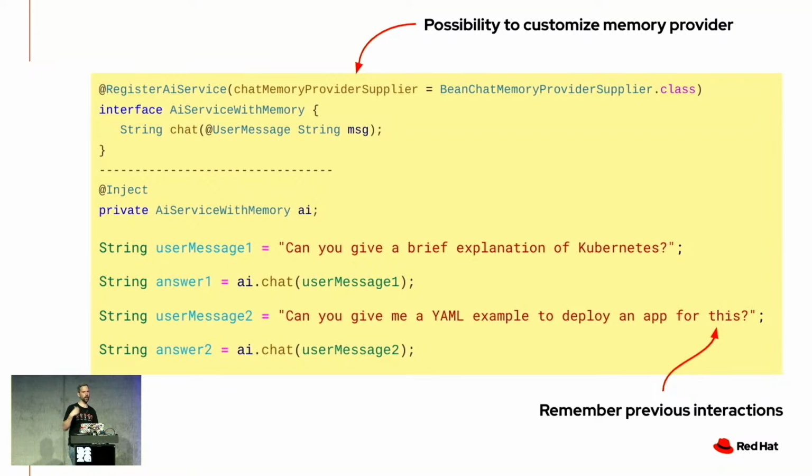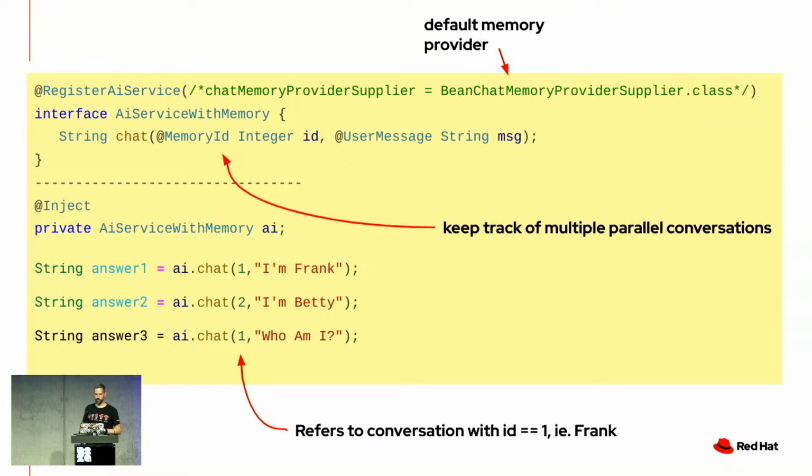You can also use different providers that maybe use a caching engine or something, but that way you can keep track of specific conversations. In this case, you can see, can you give a brief explanation of Kubernetes, and then in the second call, can you give me a YAML example to deploy an application for this? And this references the previous call.